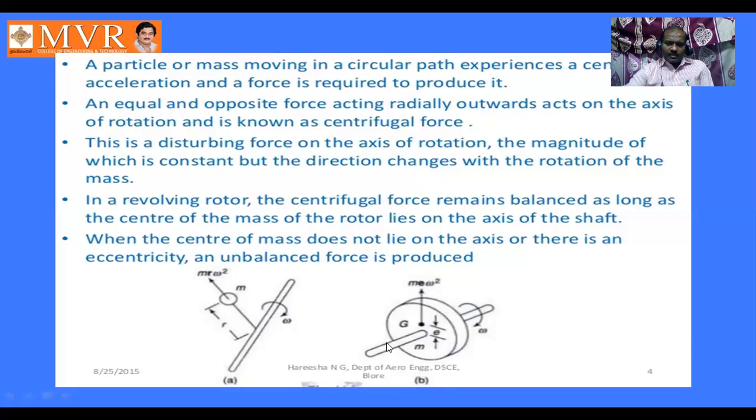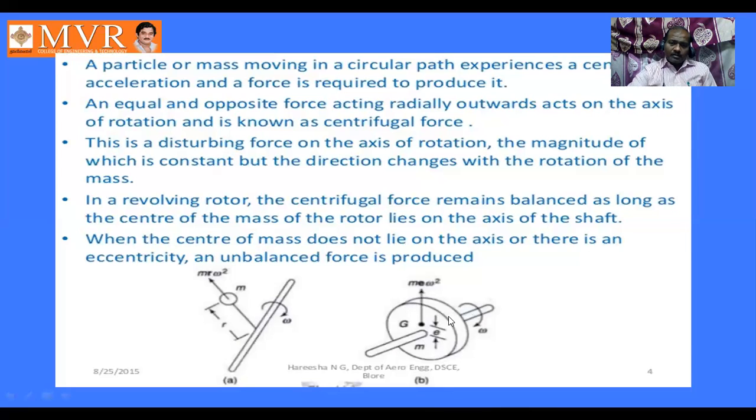This is the shaft. To the shaft we have coupled another disc. The disc also has a mass, and the disc center has an eccentricity e. That means it is not at the center, so it may vary from here. To this we have fixed a mass with the help of a disc.